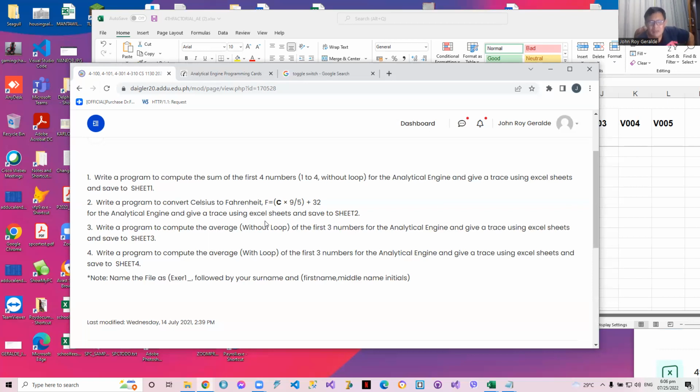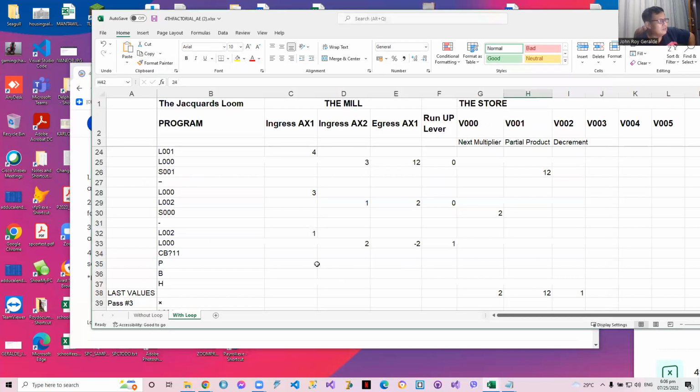Right? Sir, yung 1 to 2 po is 2 po. Can you explain that to me? Mark or Sal, what are you asking for? Hello, sir. Yung sa loop po, yung kanina po, yung sa 1 minus 2 equals to negative 2. Negative 1, sorry, negative 1. Ayun.